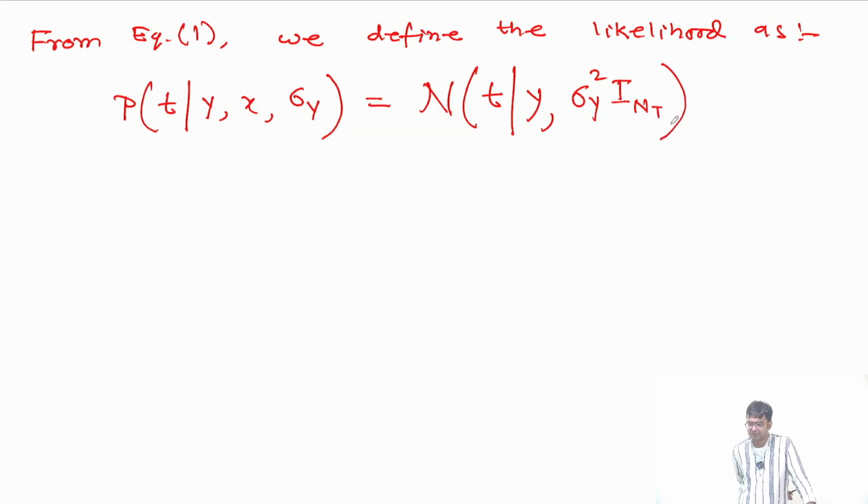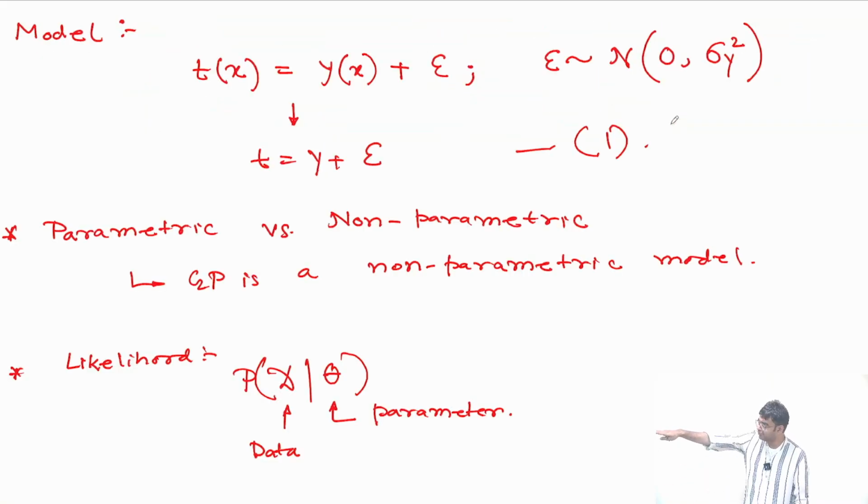This is your likelihood, and this likelihood is based on the fact that I have used the central limit theorem to assume epsilon to be Gaussian. If epsilon is not Gaussian, this distribution will be that distribution because y is constant. Let's say epsilon is student's t, then my likelihood is student's t.